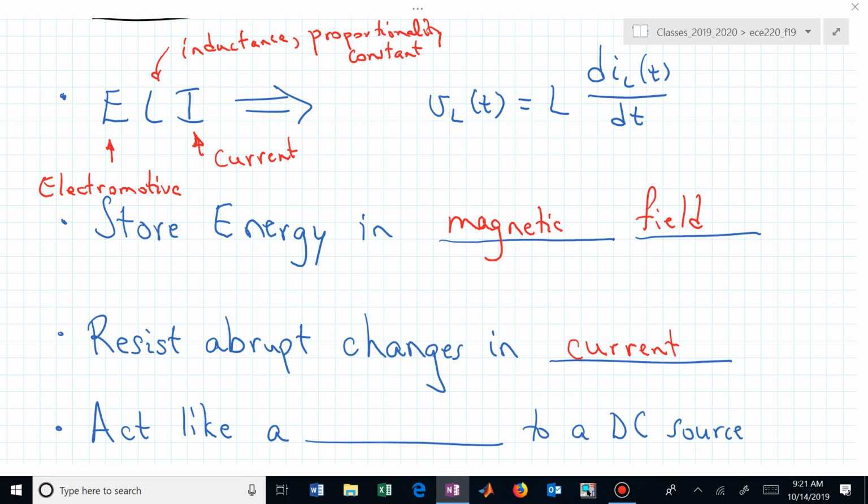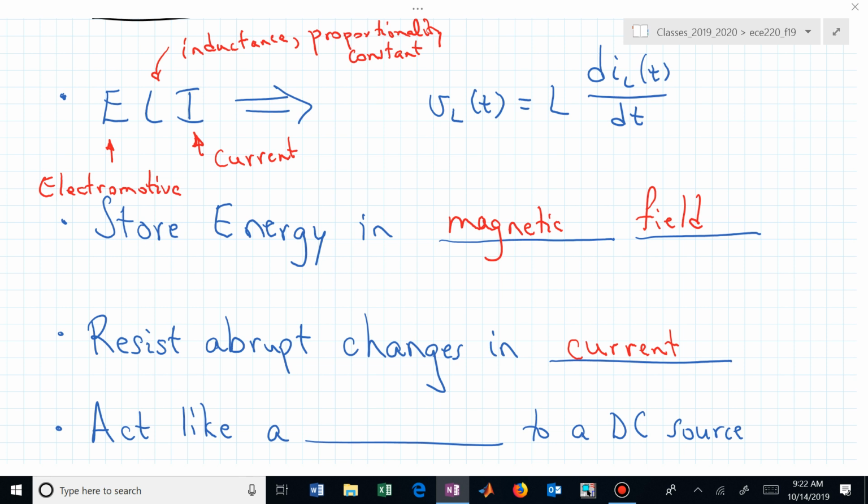Look at the V equals L di/dt. And if you now have I being constant, what happens when you differentiate a constant? Zero. What's the voltage across an inductor when you have constant current? Zero.